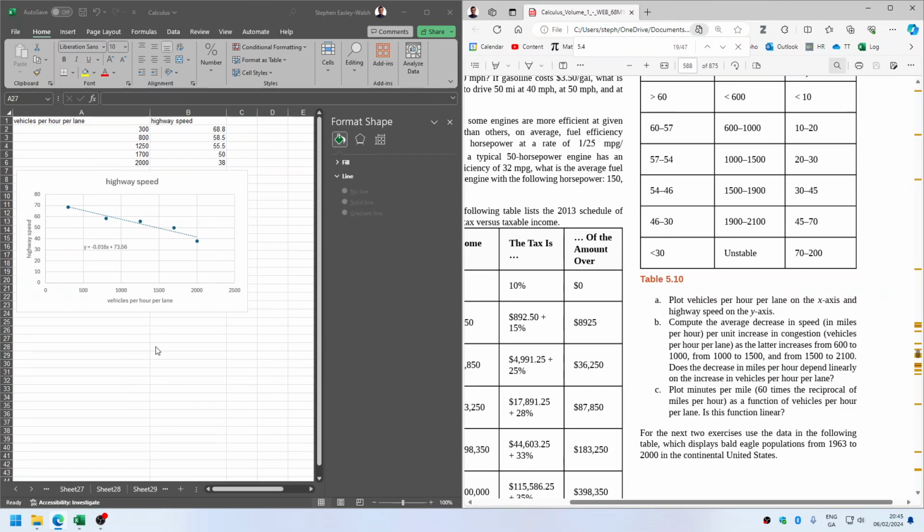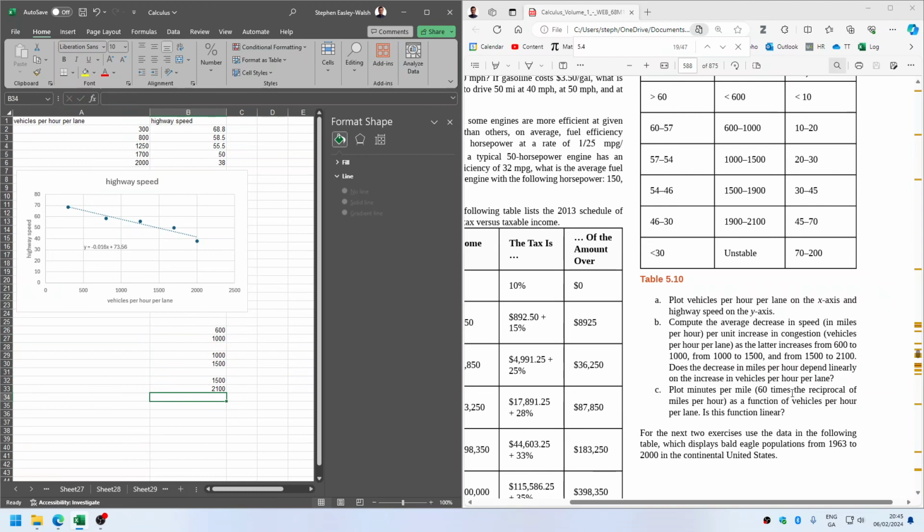Well, I've plotted a best fit line, and I fitted these as single data points. From 600 to 1,000, that's a 400 increase. Oh, hang on. 600 to 1,000, 1,000 to 1,500, 1,500 to 2,100.